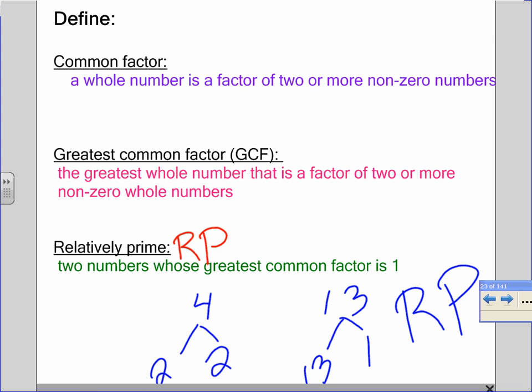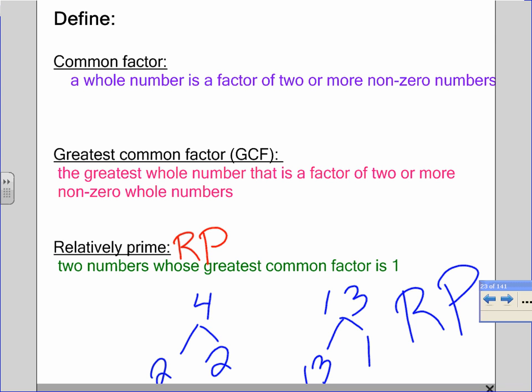Charles? Yes. Well, unless, yeah, if the little one goes into the bigger one, then they're not relatively prime. Do you know what I mean, Charles? Yeah.